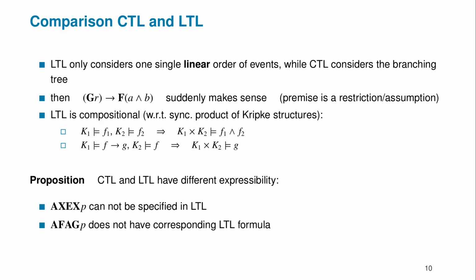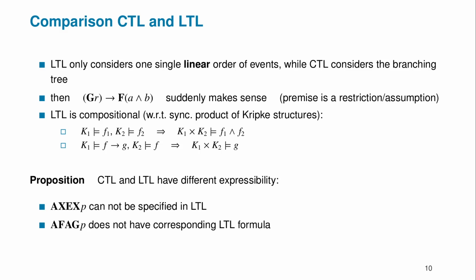So in LTL, we consider only single traces where the events have a linear order, and before we evaluate a formula, we know exactly which states will be visited. So this is like we execute the program and record the states that are visited.